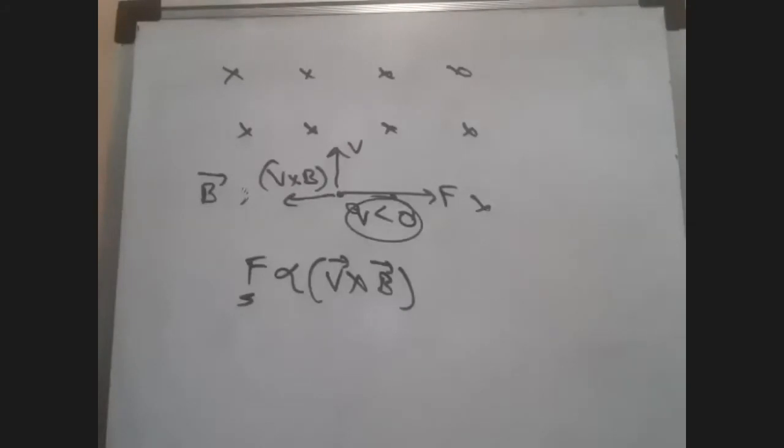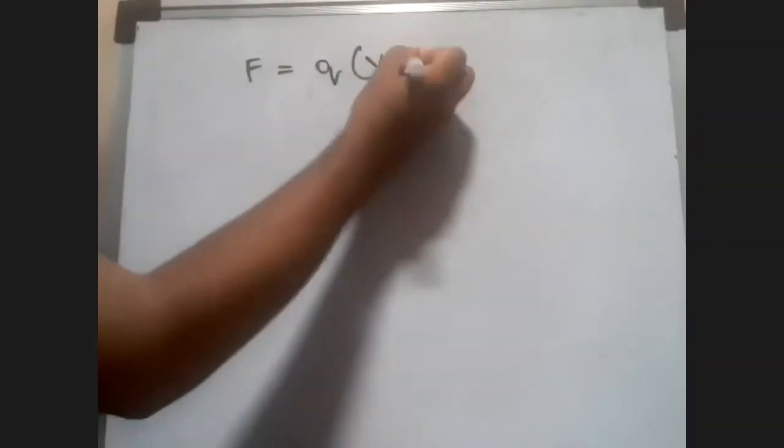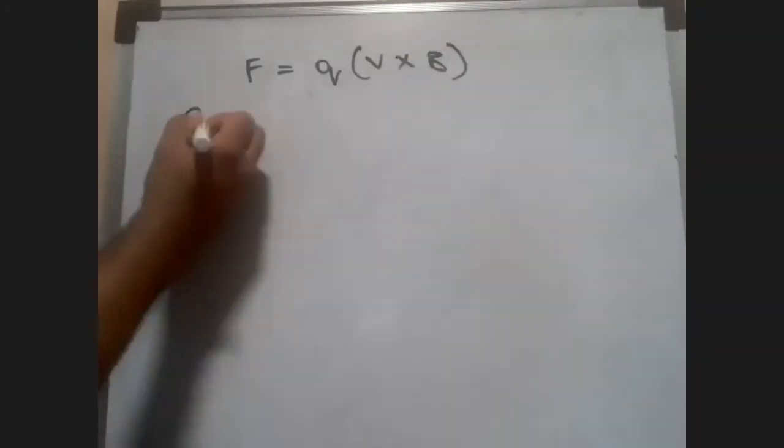If that is understood, the third thing I want to tell you is that this force F is going to be equal to q v cross B. And so there are three cases of this.